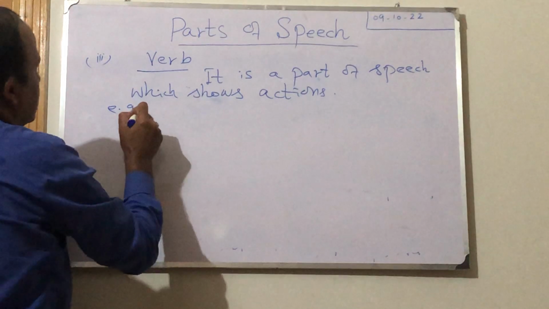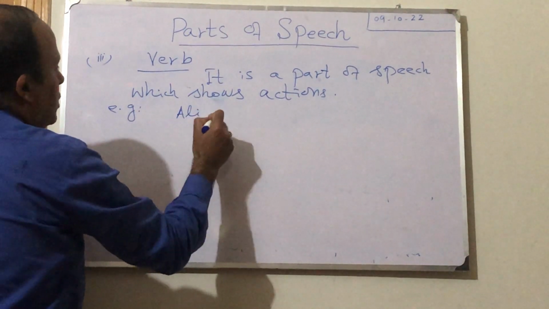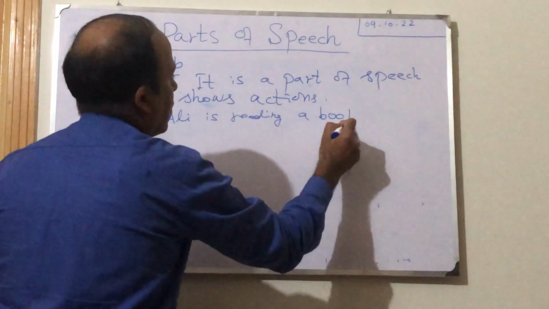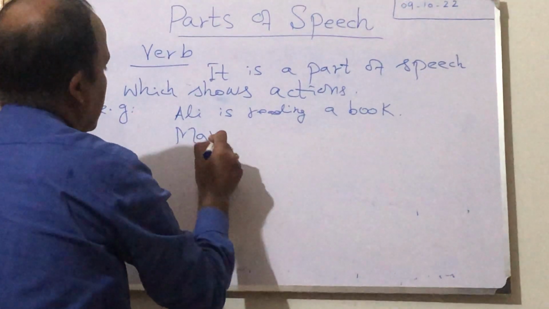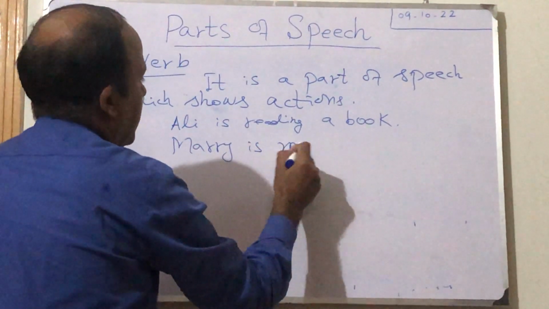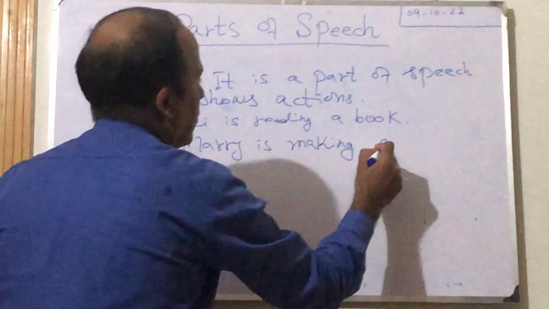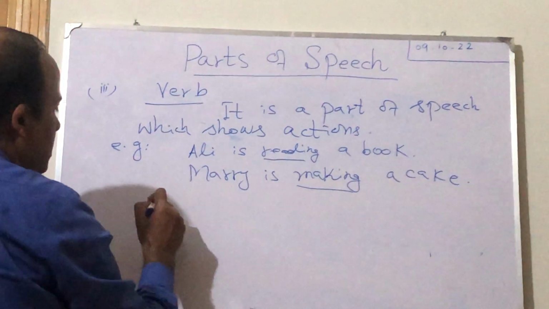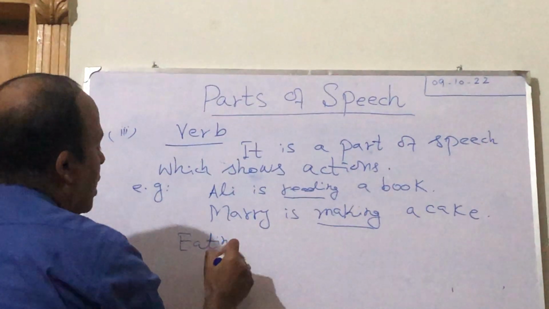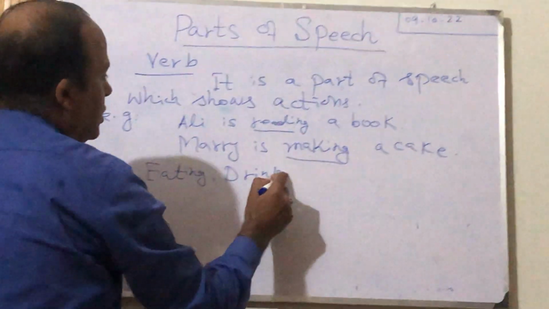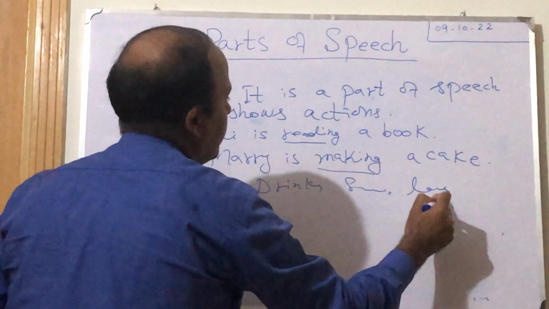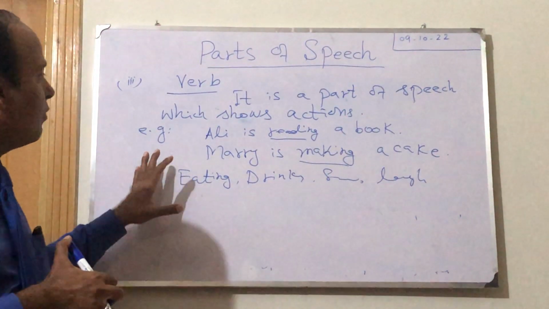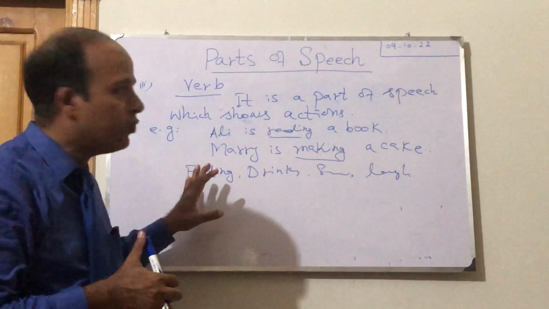Example: Ali is reading a book. Mary is making a cake. So reading, making, dancing, eating, drinking, all these are verbs. Eating, drinking, smiling, laughing, whatever actions are being committed by a noun or a pronoun happen to be a verb. Alright guys, I hope you are following me.